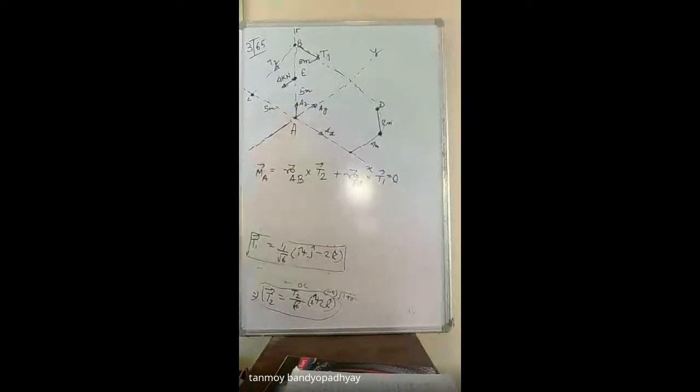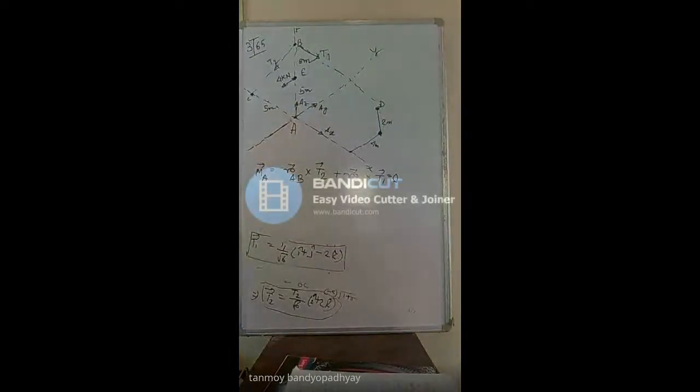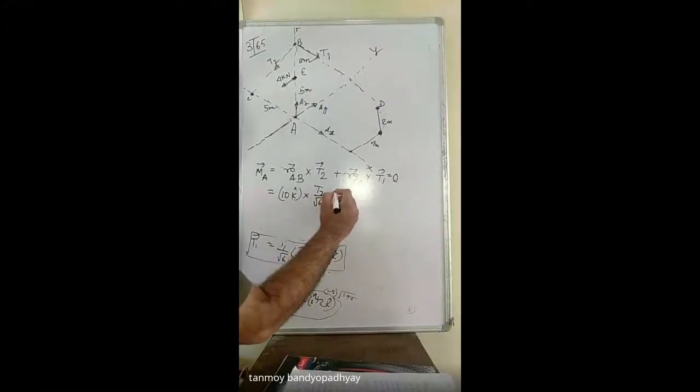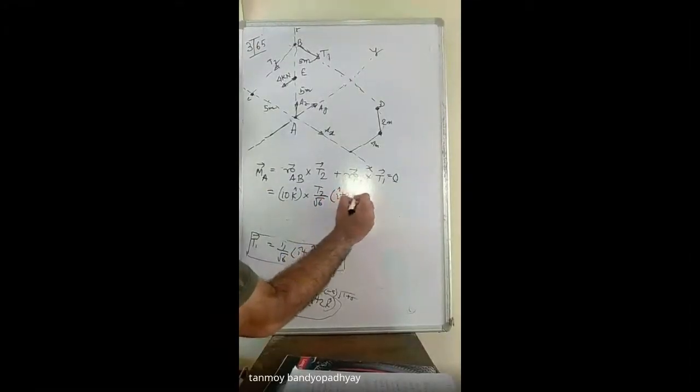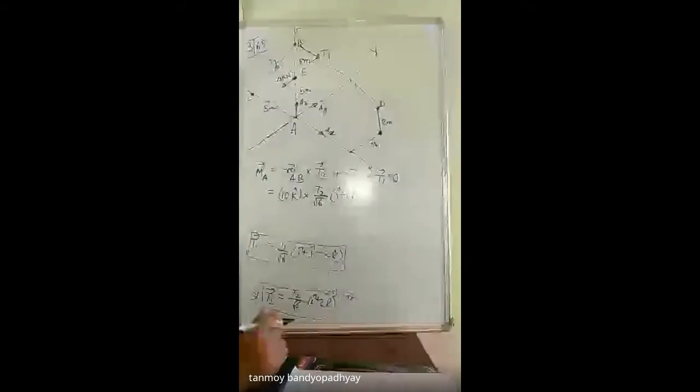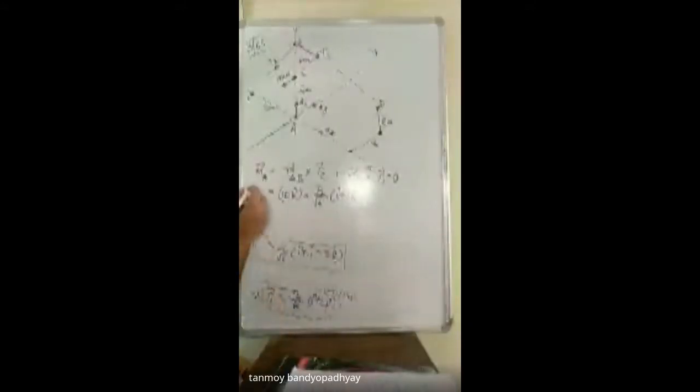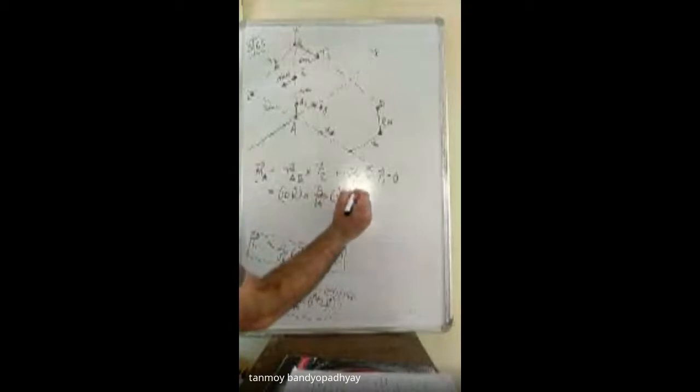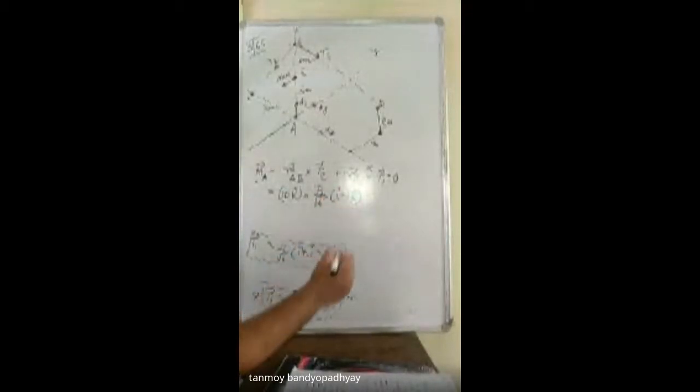I have taken this moment as root 6 i plus... Okay, so we were discussing MA. So T2 is T2 by root 6 i plus 2 k cap, plus what is RBA?